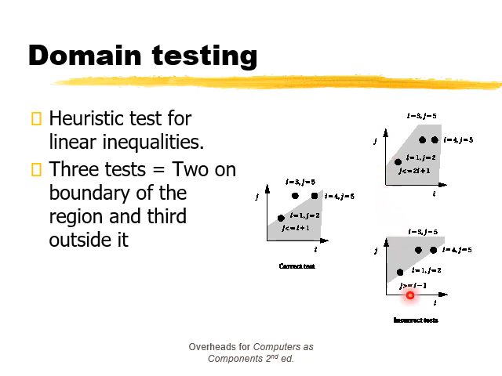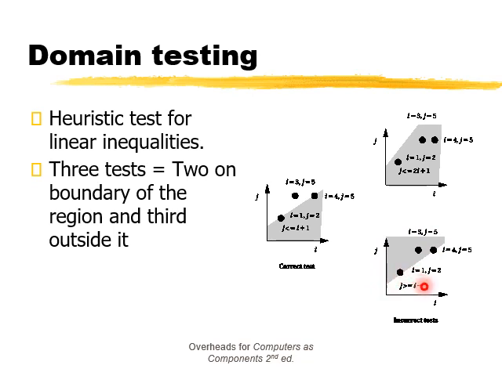When we make some mistake in typing inequalities, these three tests are sufficient to uncover them. So we can see that this is the correct test, this is an incorrect test, and this is also an incorrect test, because all these three points are now inside the boundary.